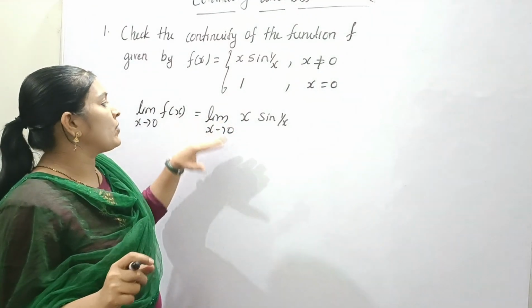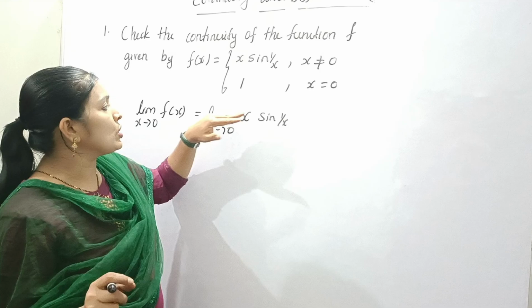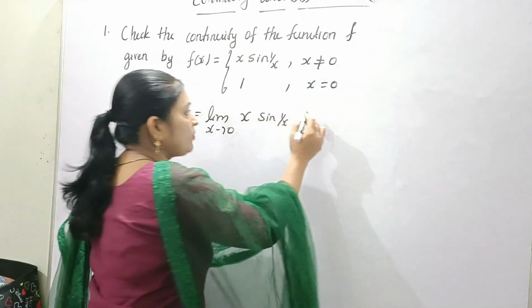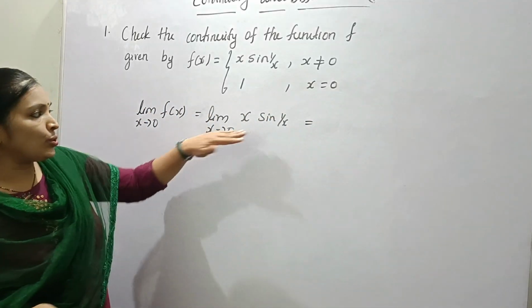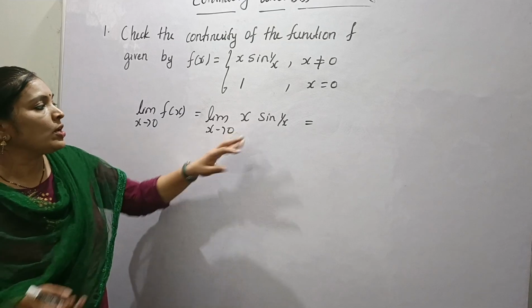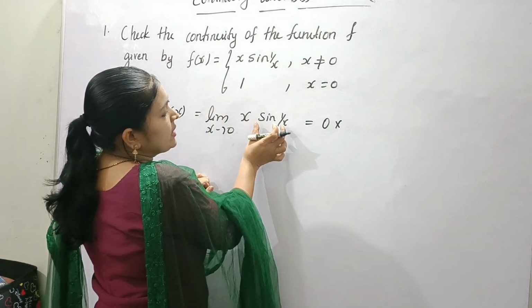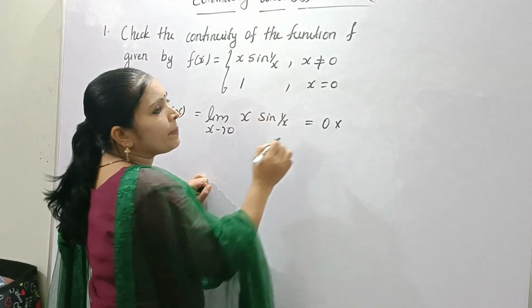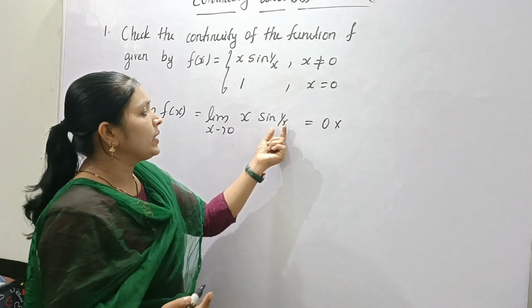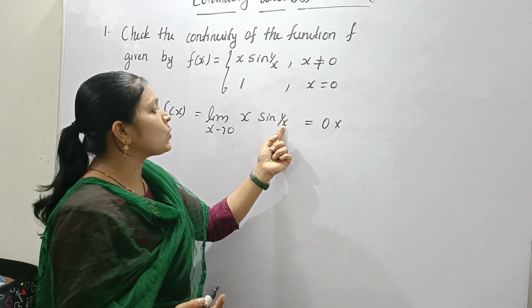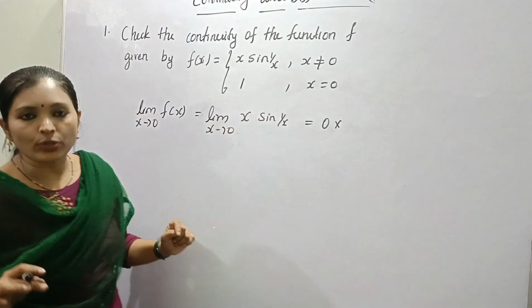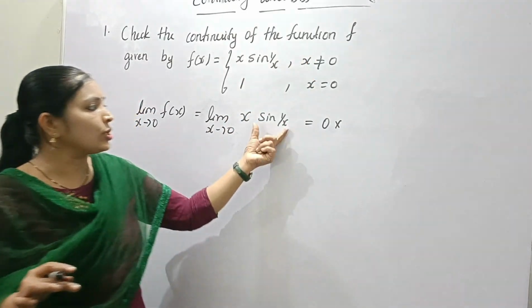So what is the limit value? When we substitute x equal to 0, what will we get? 0 into a finite number between minus 1 and 1. Here x is not equal to 0.